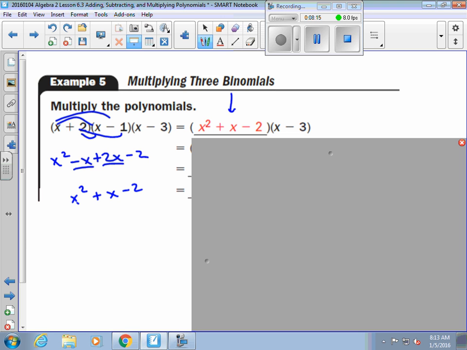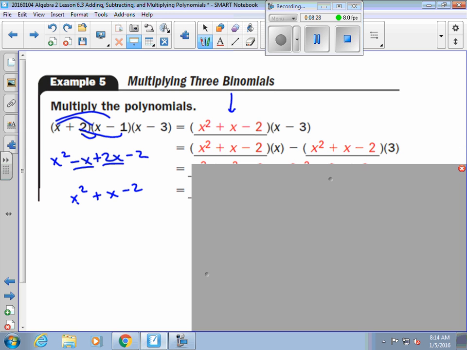Then you treat it just like what we just did. You multiply each of those terms, and they're probably going to do it backwards again if I had to guess. They're going to multiply x squared times x minus 3, x times x minus 3, and negative 2 times x minus 3. No, they didn't. So they're just showing you multiple ways to do it. X times each of those things, but it's still backwards in a sense.